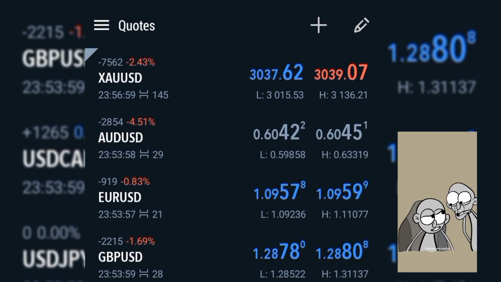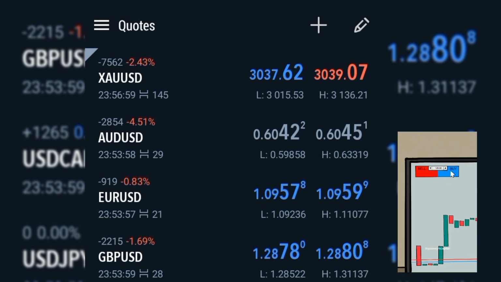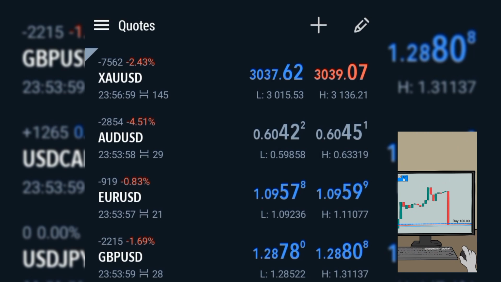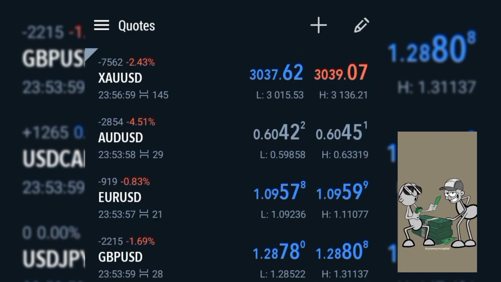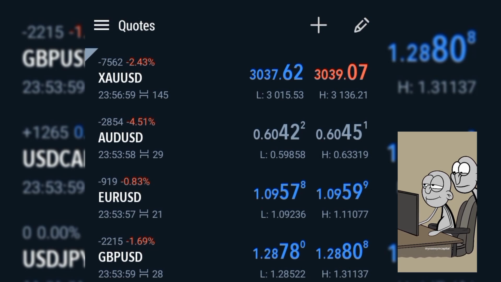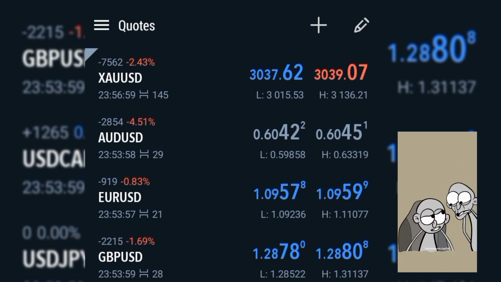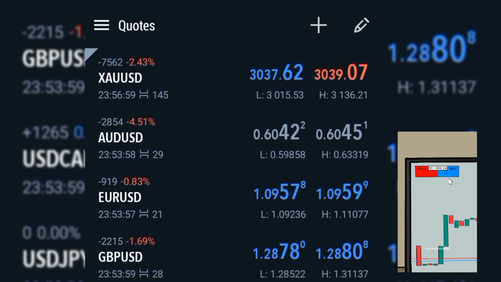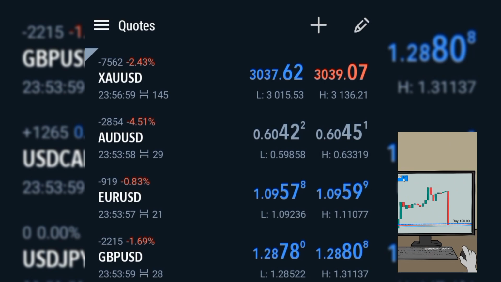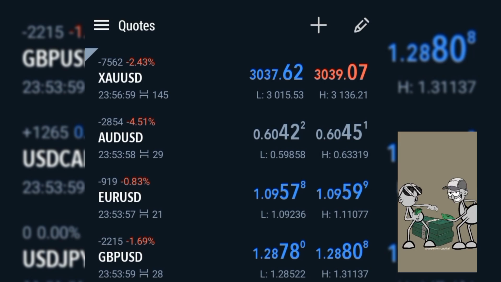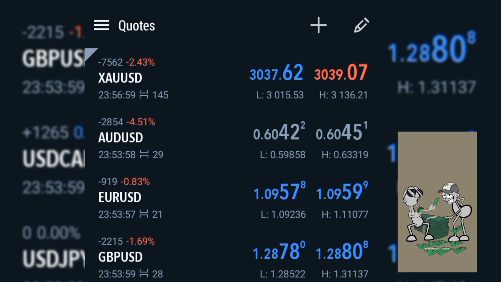But gold is a very good pair to trade if you want to raise your capital in a small amount of time. You should be considering trading gold. But for beginners who are still new to this game with your $10, please stay off from gold, because gold will easily get you liquidated. I know why I'm saying this, because I'm speaking based on experience.